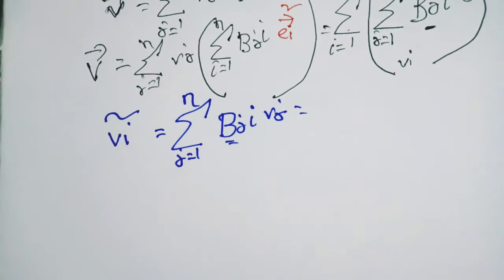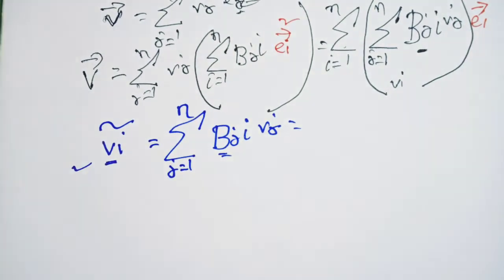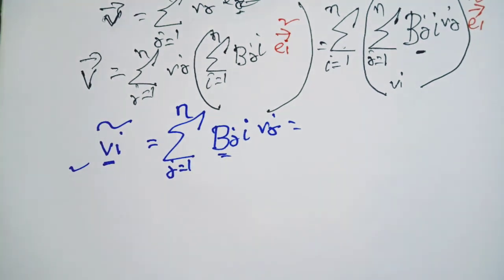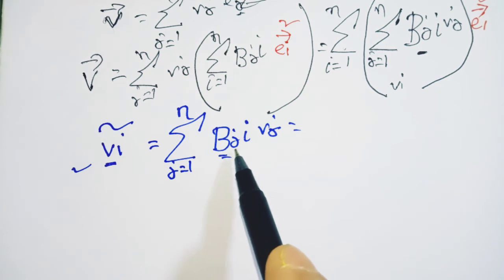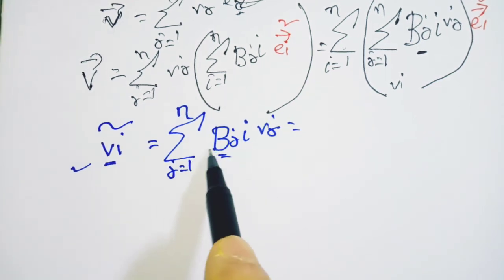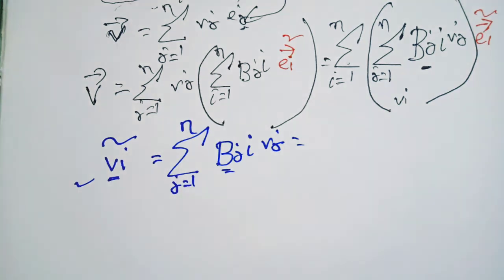This matched with this one. So we have proven that to move from old to new, we used the backward transformation. From old going to the new, we got the new one, vi tilde.